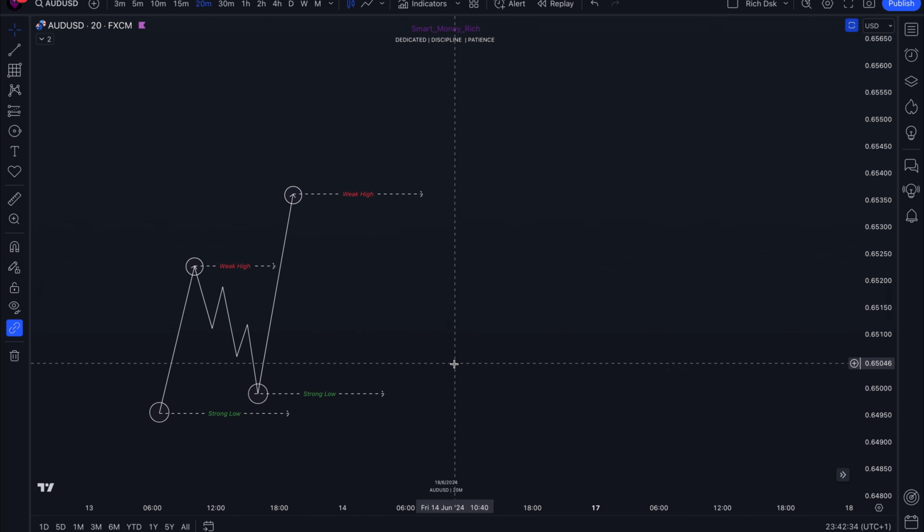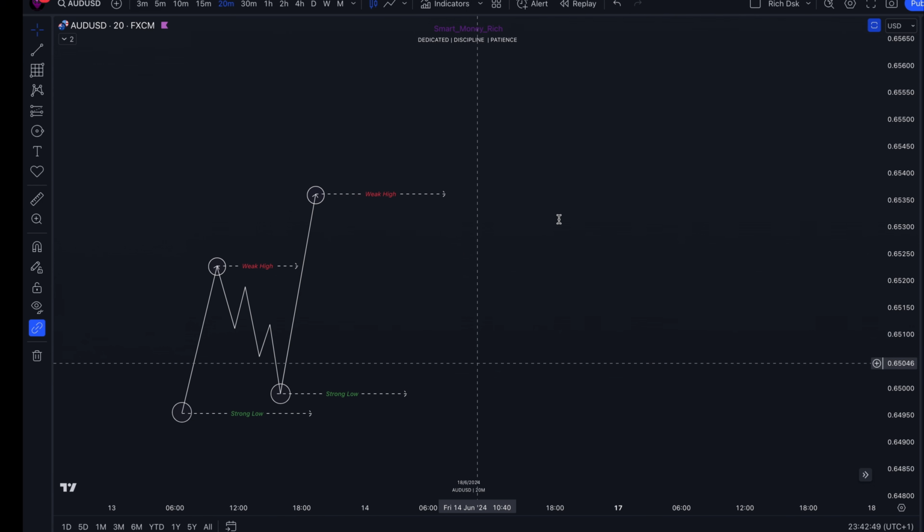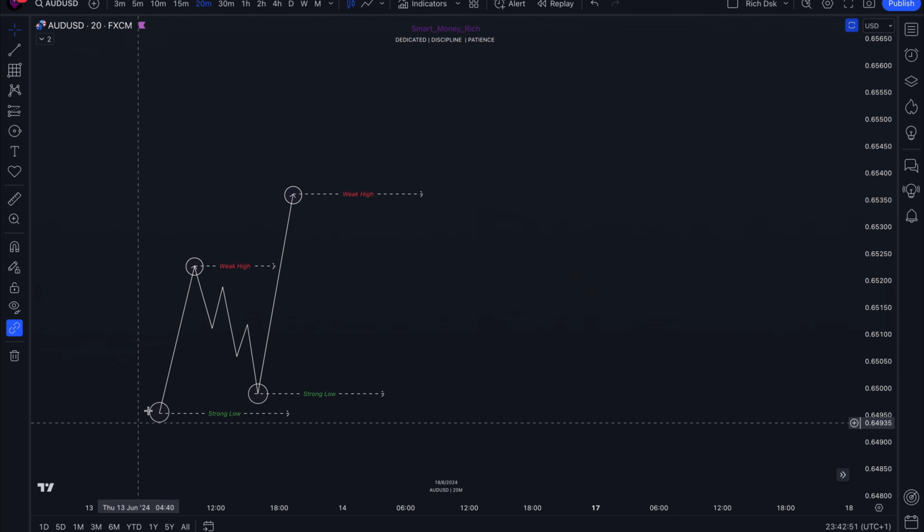Let me explain. I said now to identify market structure, right? To identify market structure, we want to see how price is now reacting to the previous highs and low. That tells you the direction of price, right? So this was the previous low and this was the previous high.